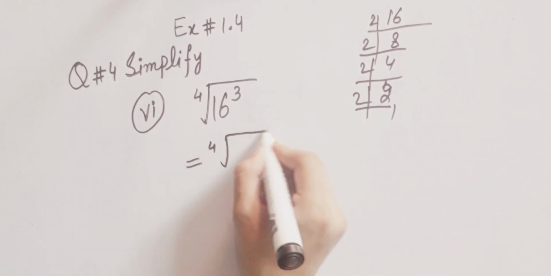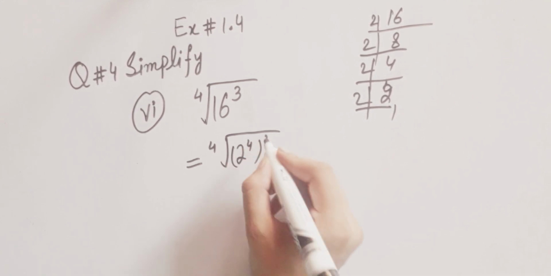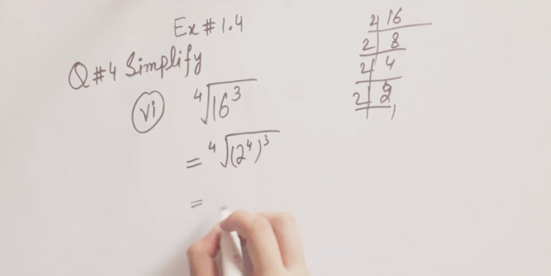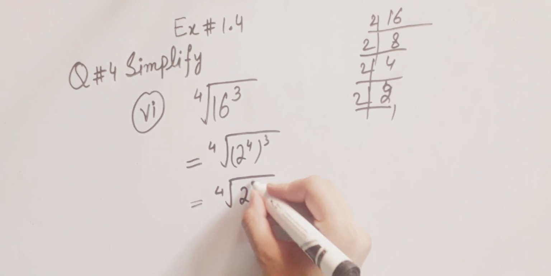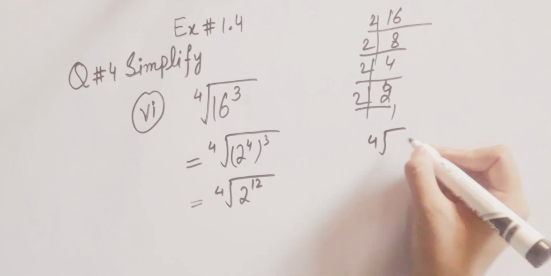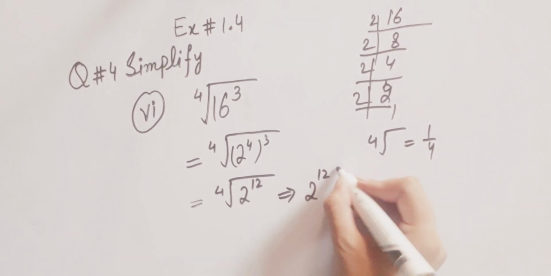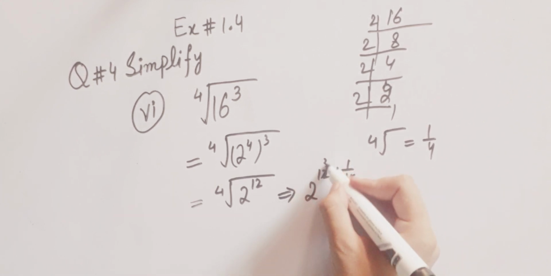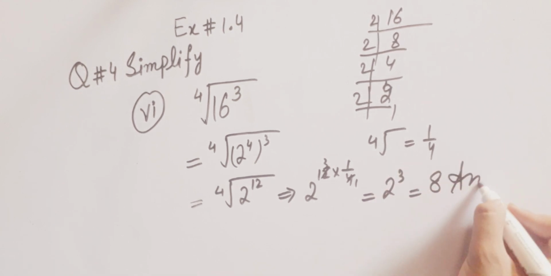So we will write 2 power 4 into 3. Then 4 multiplied by 3 is 12. We have the fourth root of 2 power 12. So the fourth root is equal to 1 by 4. Now we can write 2 power 12 multiplied by 1 by 4, which is equal to 2 power 3, that is equal to 8. So this is the answer of this question.